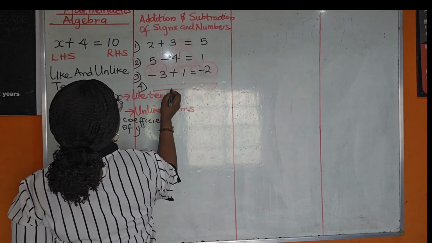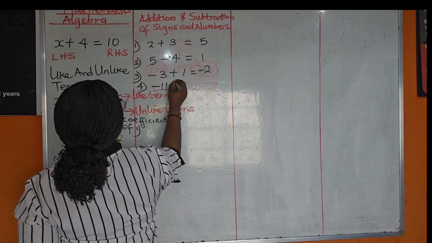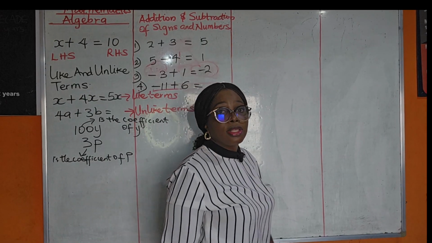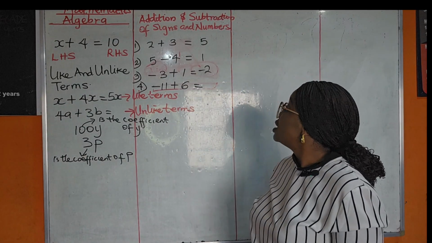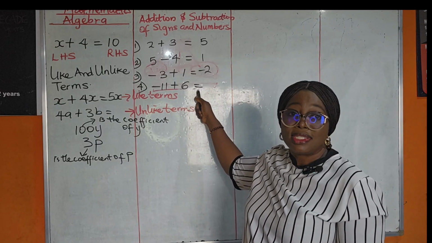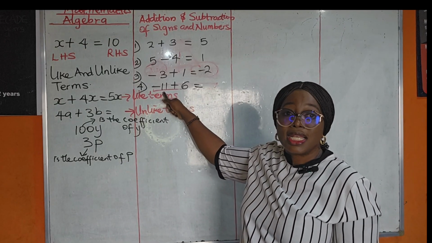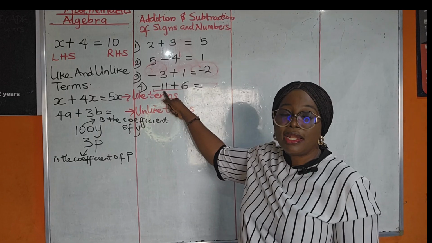If you have something like minus 11 plus 6, what does that tell us? You have 6 naira. This is what you have. And you're owing 11 naira.